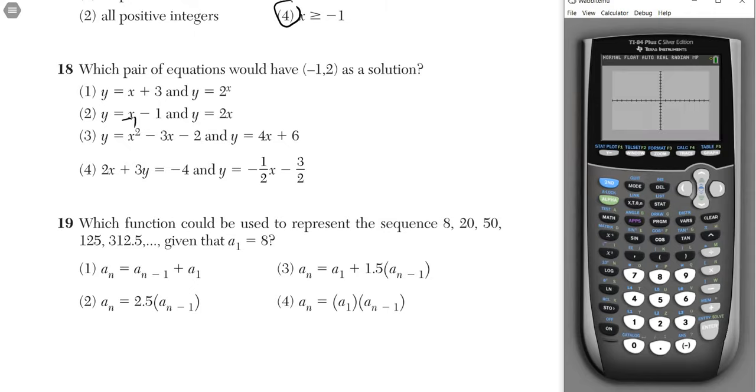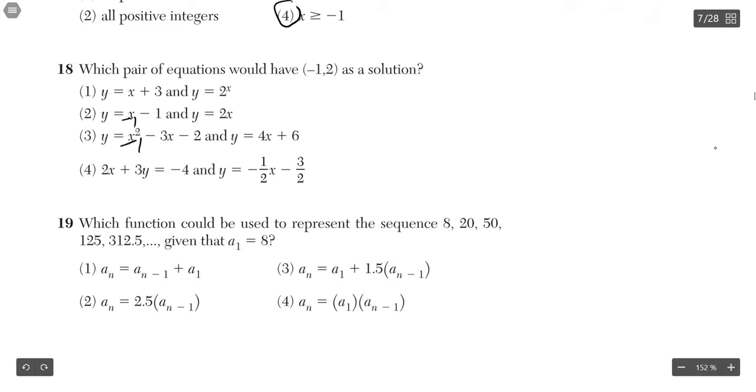Graph. And while we're waiting for it to graph, let's plug in negative 1 squared minus 3 times negative 1 minus 2. So negative 1 squared is 1 minus 3 times negative 1. That's going to be minus 3. So 1 minus 3 is negative 2. Negative 2 minus 2, that comes out to 0. That's not going to work.